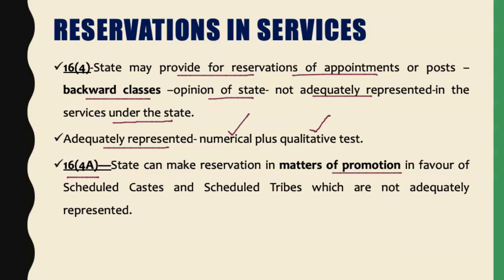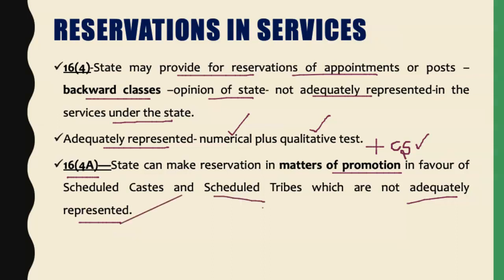Also please add with consequential seniority to any class or classes of posts in services under the state in favor of scheduled castes and scheduled tribes which in the opinion of the state are not adequately represented. And the principle of consequential seniority was added in the 85th Amendment Act 2001.